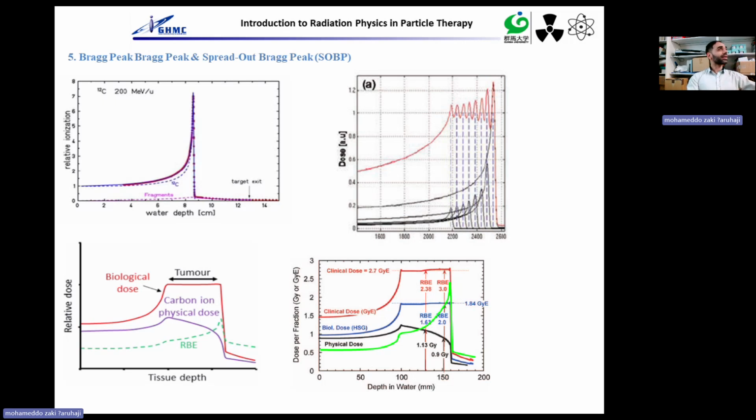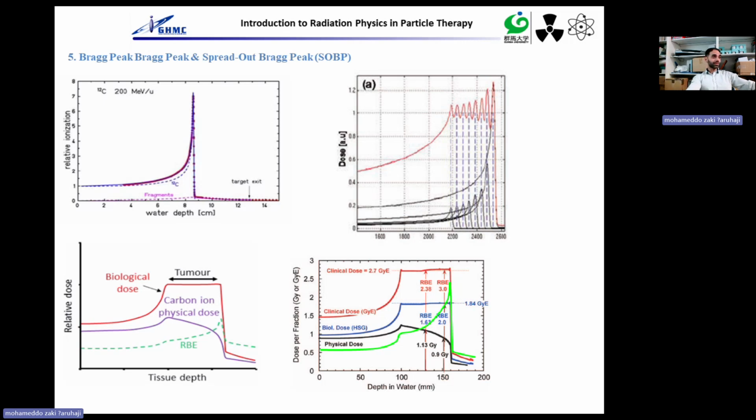I cannot say it's exactly LET, but it is another way of expressing linear energy transfer. The higher the stopping power, the higher the LET. What is the relation between LET and stopping power?